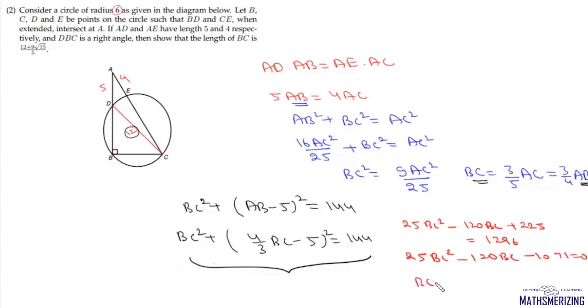So we'll solve this equation. We'll get BC as 12 plus minus 9 root 15 upon 5.